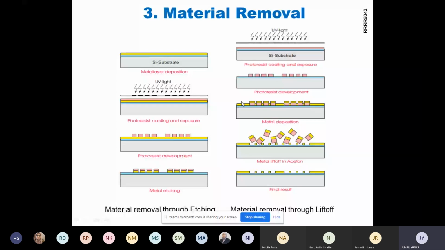So we have the metal layer here, and then we remove the photoresist. We lift off the photoresist using acetone. So we call this process lift off. Once the photoresist is removed, the metal over the photoresist will also be removed. So finally we have this structure, the metal like this.